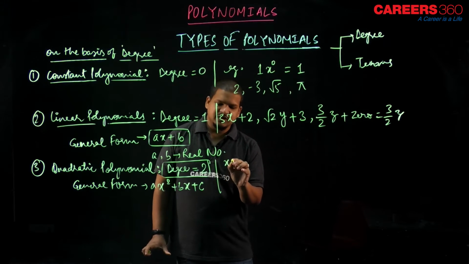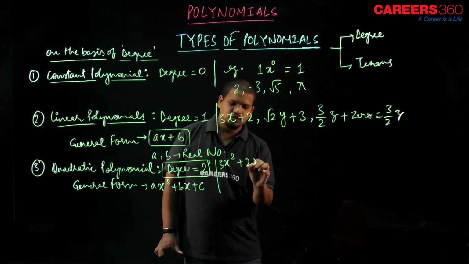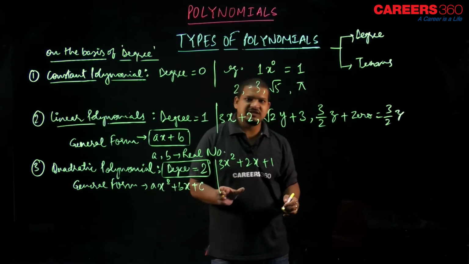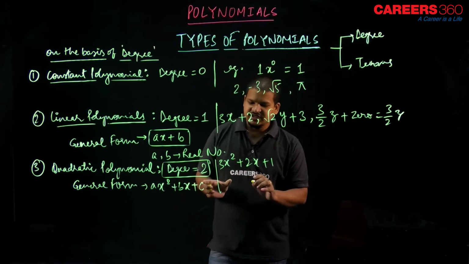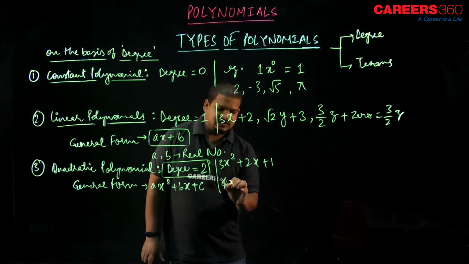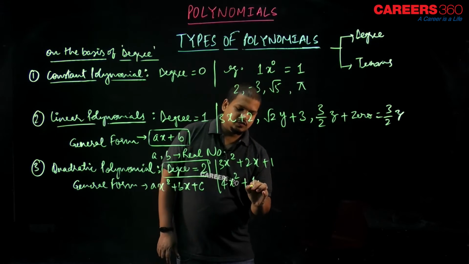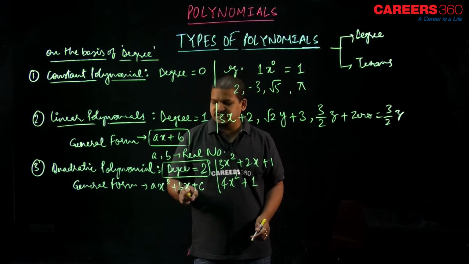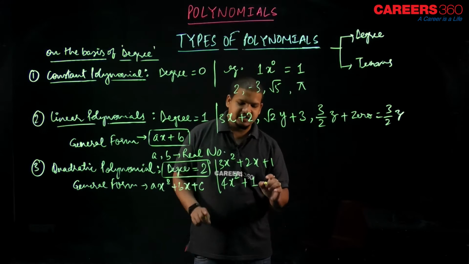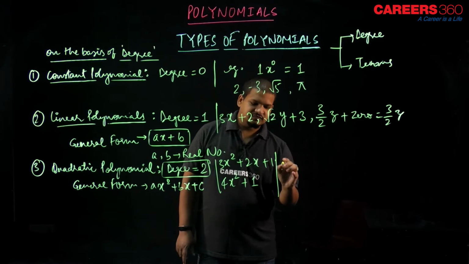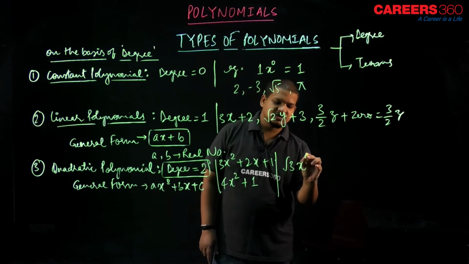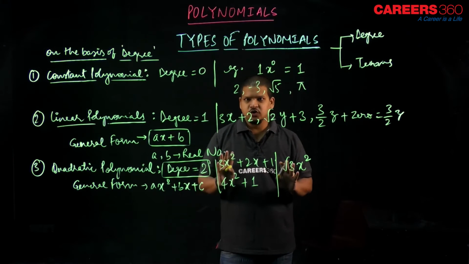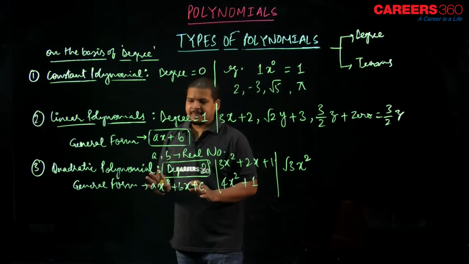First one is, let's say, 3x square plus 2x plus 1. This is a quadratic polynomial. Next is, let's say, 4x square plus 1. This is also a quadratic polynomial. Why? Because here the value of b is 0, right? Next is, let's say, root 3x square. This is also a quadratic polynomial. I hope it makes sense to you, right?